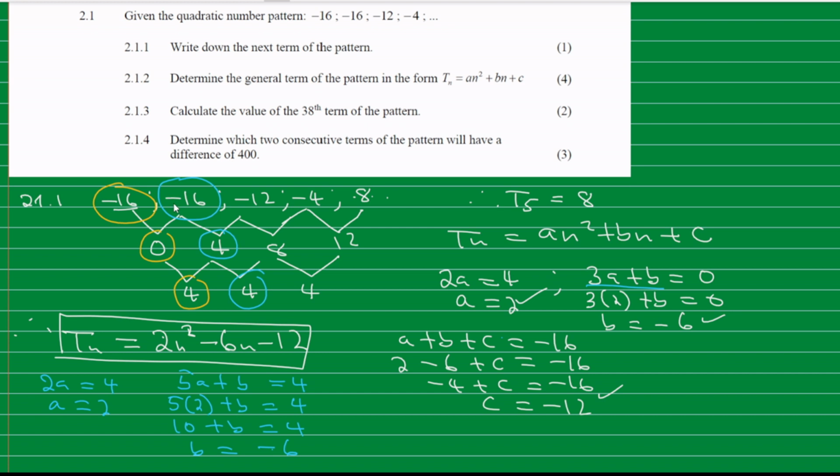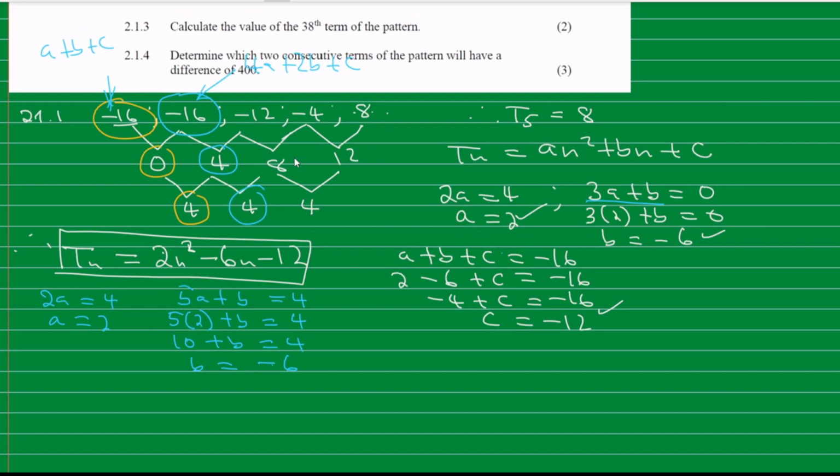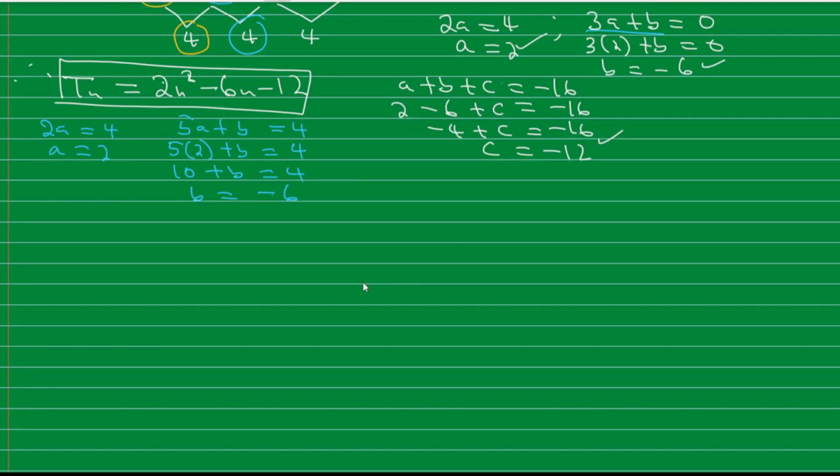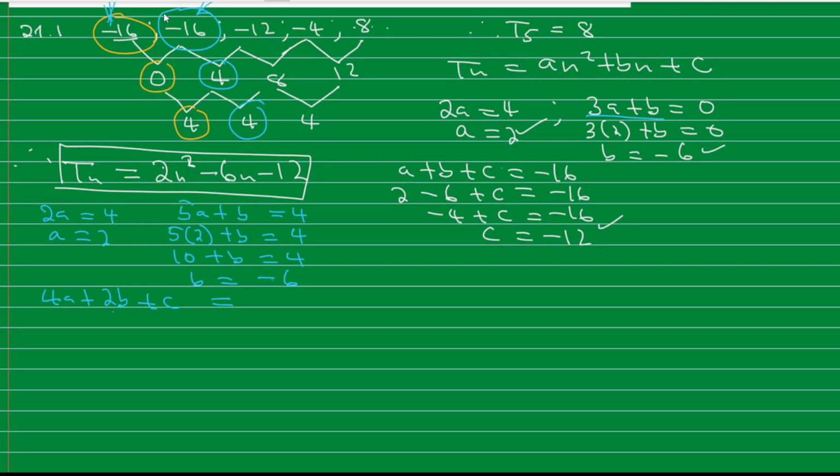And if you are to use negative 16, this is not an a plus b plus c, but this one here, if you still remember, is 4a plus 2b plus c. So 4a plus 2b plus c is equal to this term here, negative 16.